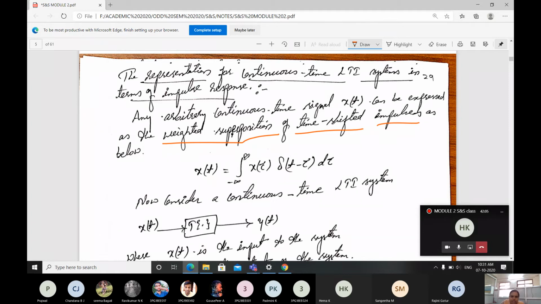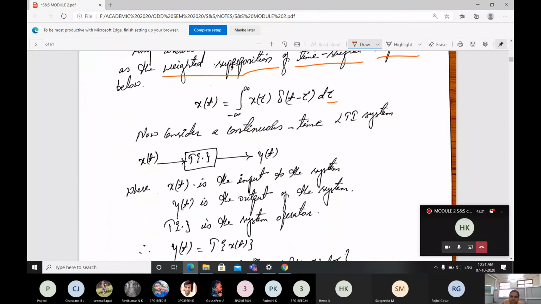x of t is the integration from minus infinity to plus infinity of x of tau, taken here with a different variable tau, times delta of t minus tau, d tau.